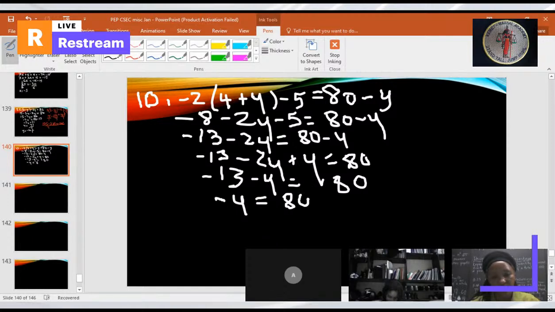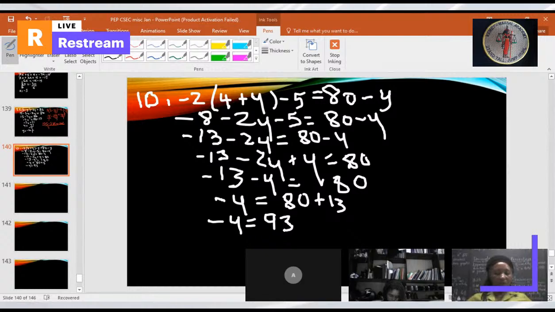So if we bring over the -13, we have now a +13. Okay, so when we add it to the 80, what do we get? Miss, we get 93. Okay, so negative y equals 93, but we want y.